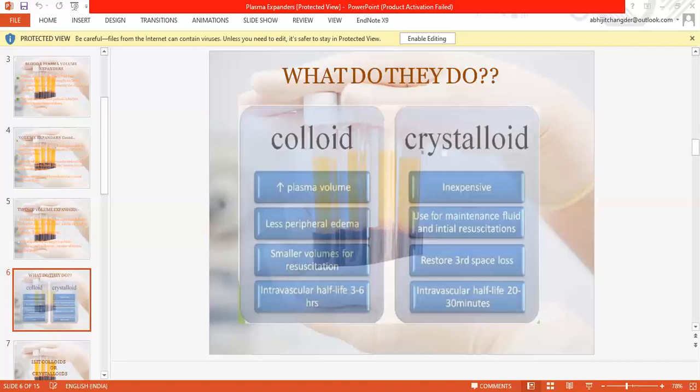Though the dextran used clinically is not antigenic, its structure is similar to other antigenic polysaccharides.